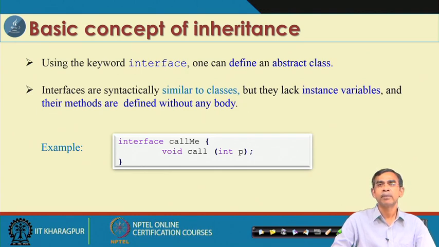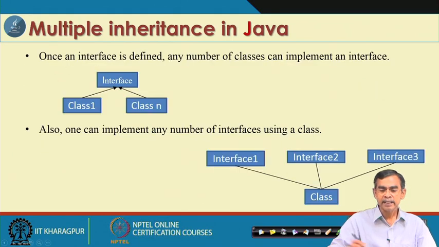This means that this method does not have any definition, any body, any code. So this is an abstract method, and by default this method is public and abstract. We do not have to specify any keywords explicitly; even if I do not, the compiler will understand that this call method is public and abstract, which means any class can implement this interface. So this is the syntax for declaring an interface.